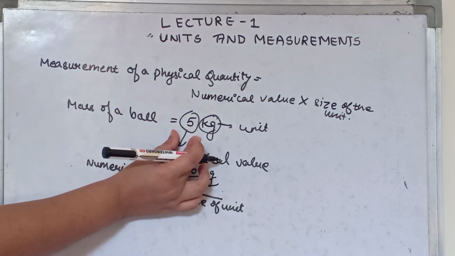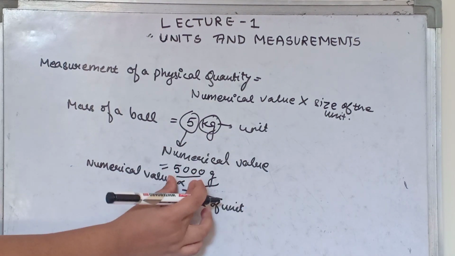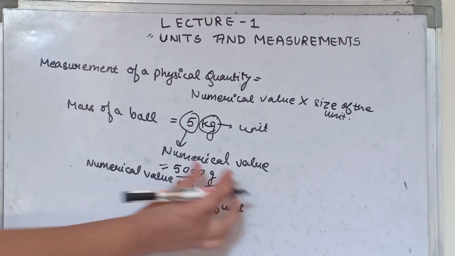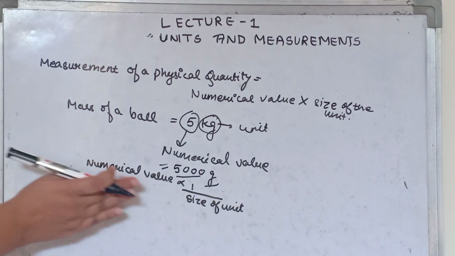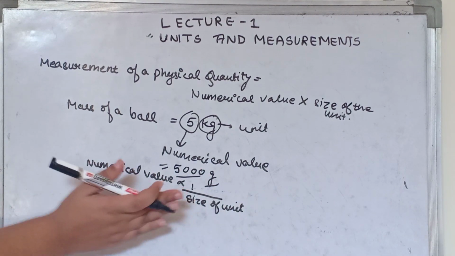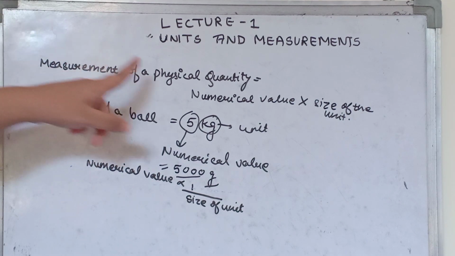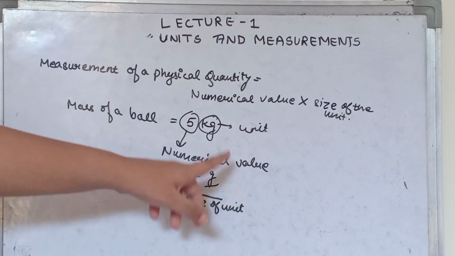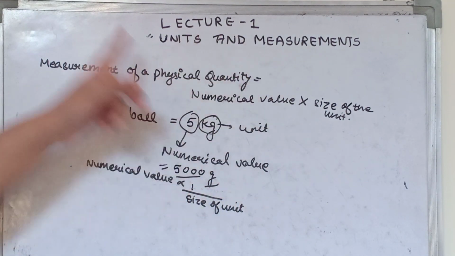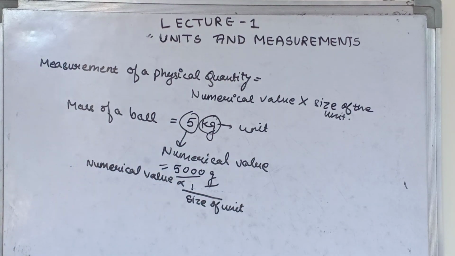Lesser the numerical value, bigger is the unit. Larger the numerical value, smaller is the unit. So clearly our numerical value is inversely proportional to the size of the unit. Fine. So to measure any physical quantity, we require numerical value and size of the unit, and this numerical value is inversely proportional to the size of unit. This is very clear. Fine.